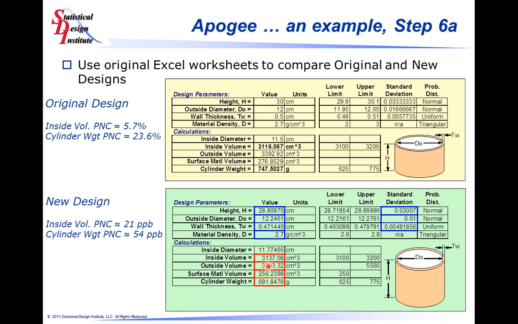And now then, if we went back and ran the sensitivity analysis and Monte Carlo analysis, using the values selected using the optimization approach, we see that we have a design that is very close to zero defects. We're down now to 21 parts per billion in terms of the predicted P&C for the inside volume, and about 54 parts per billion for the design as far as meeting the cylinder weight requirement.